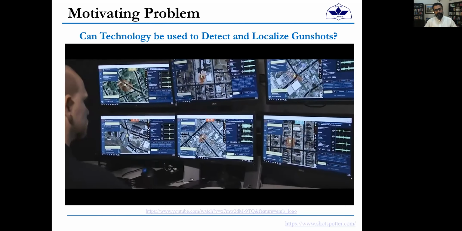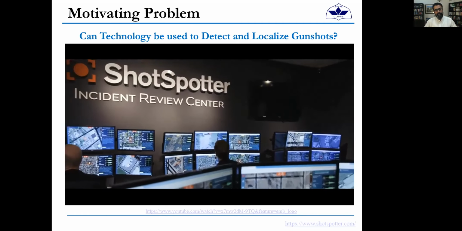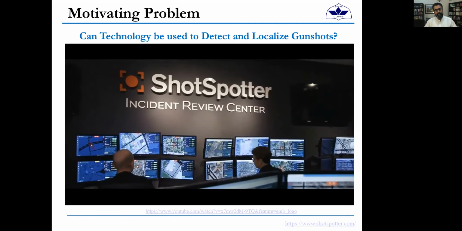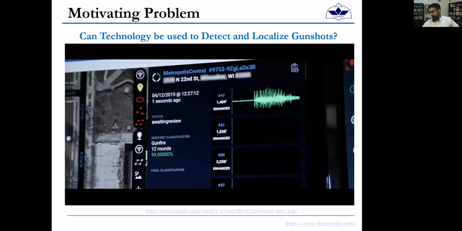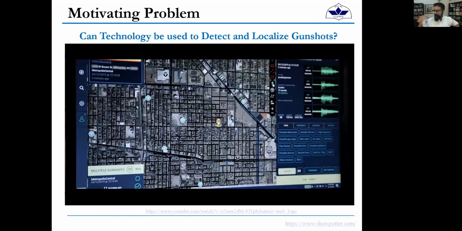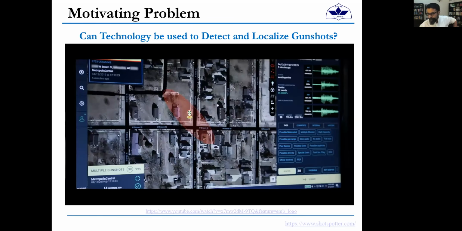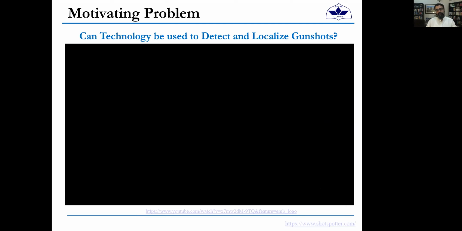ShotSpotter has changed all that. By utilizing advanced technology honed over 2 decades, we have automated the process. We monitor gunfire activity 24/7. So if a gun is fired in any area within ShotSpotter coverage, the system detects, locates, and immediately alerts police of the gunshot. So how does it work?